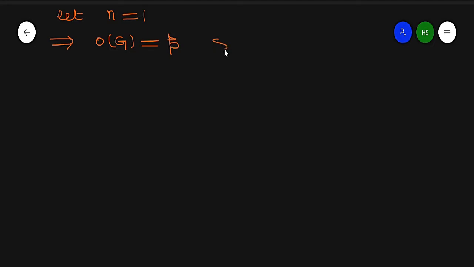Since H is not equal to G and H is a subgroup of G, by Lagrange's theorem the order of H divides the order of G. What is the order of G? It is equal to p.